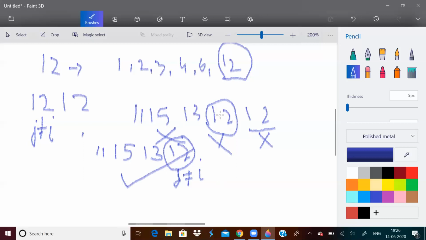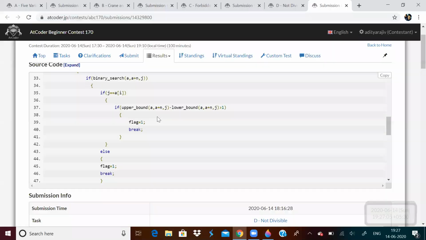If there are two 12s, 12 is a factor. So although j not equal to I, I can consider this 12, right? And when I consider this 12, there is A of j which divides A of I. That is why you have to use upper bound, lower bound. This upper bound, lower bound statement is for this only.